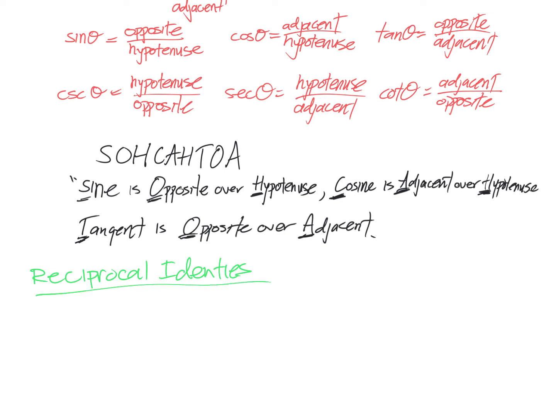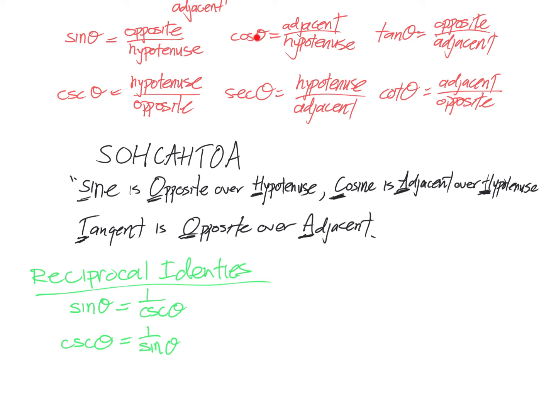That states that sine of theta is 1 over cosecant of theta, and vice versa, cosecant of theta is 1 over sine of theta.